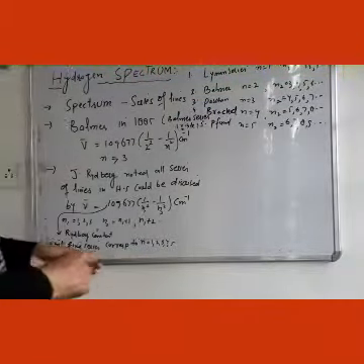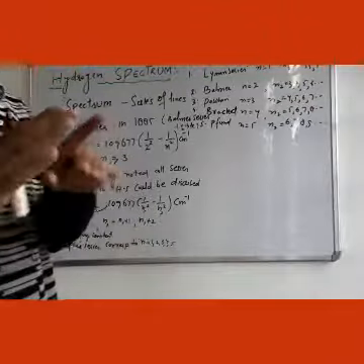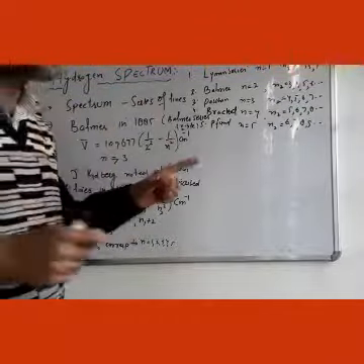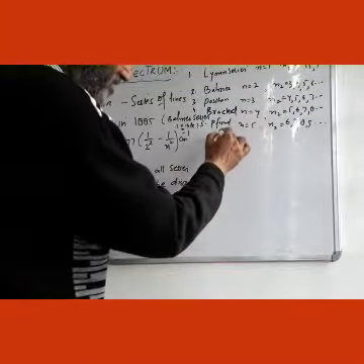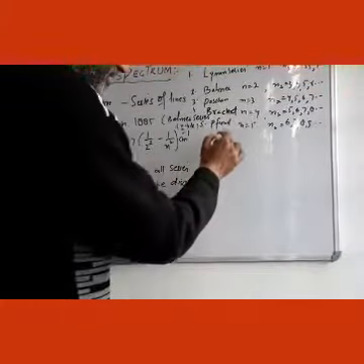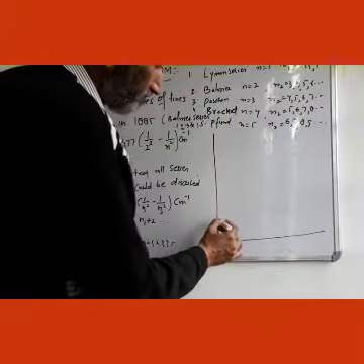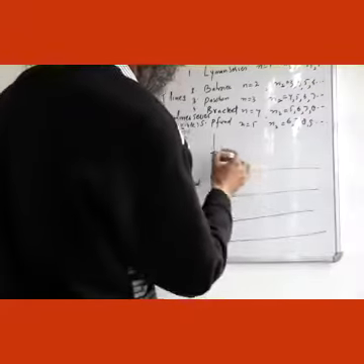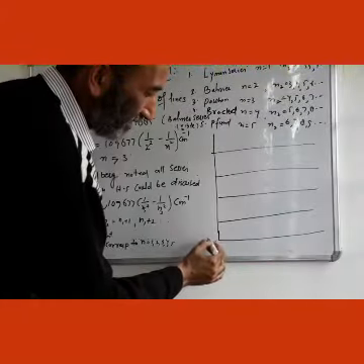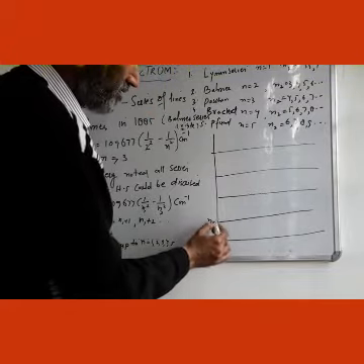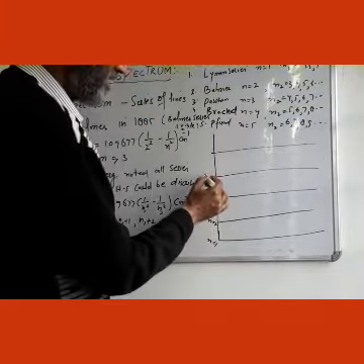Now I will show the diagram which will give you the transitions, how these lines appear in the spectrum. So we will show the electronic transitions from one level to another level. Here is n equal to 1, n equal to 2, n equal to 3, n equal to 4, n equal to 5, and so on.